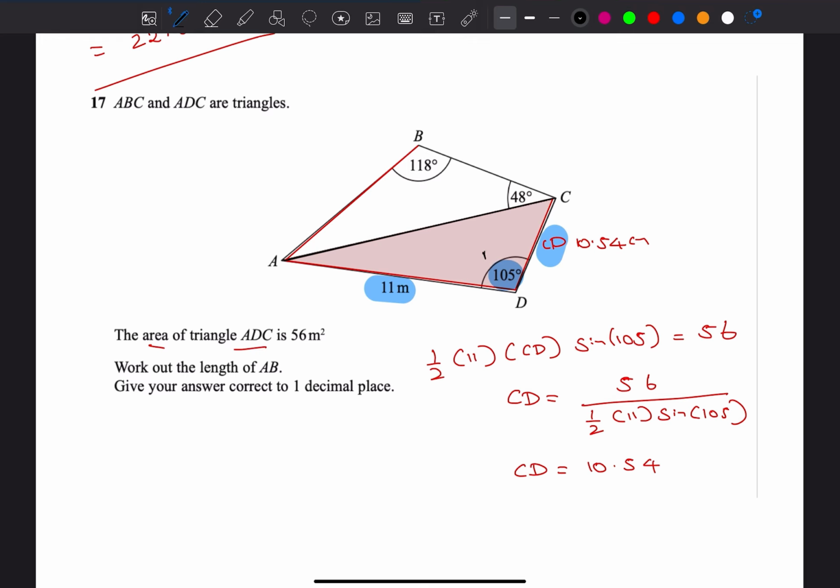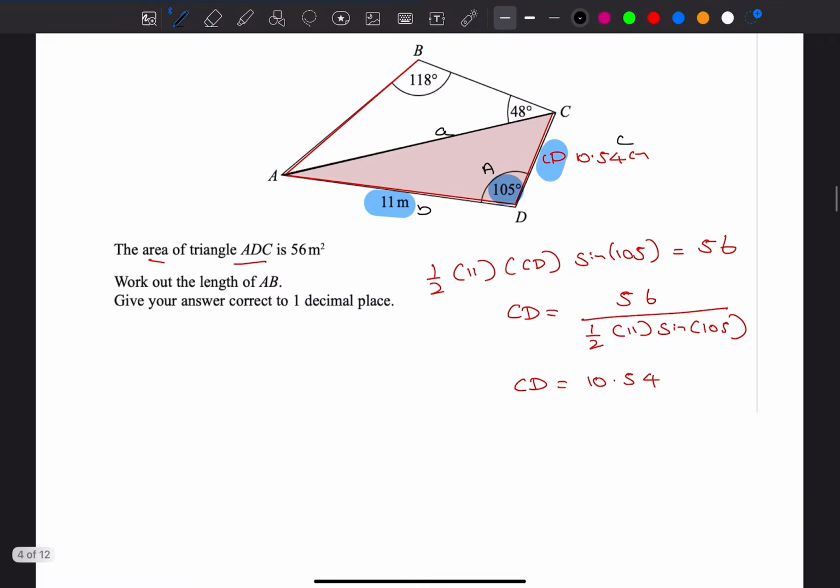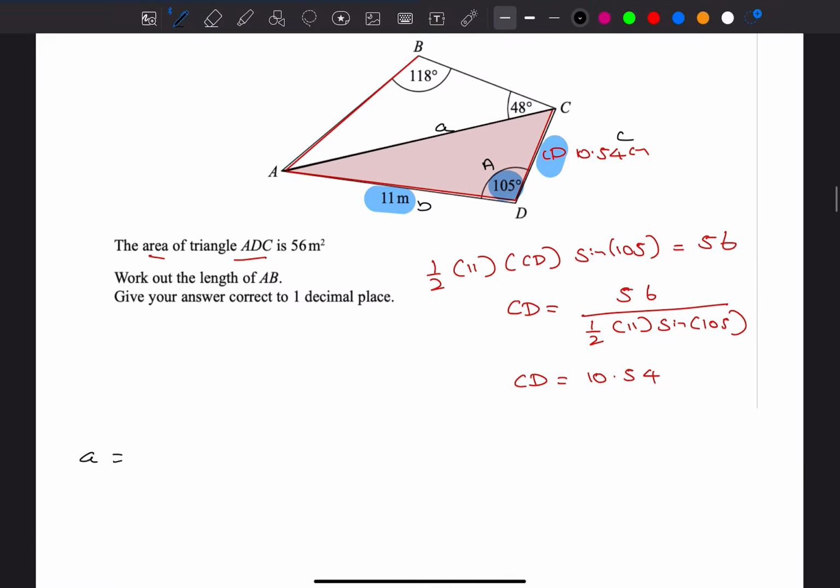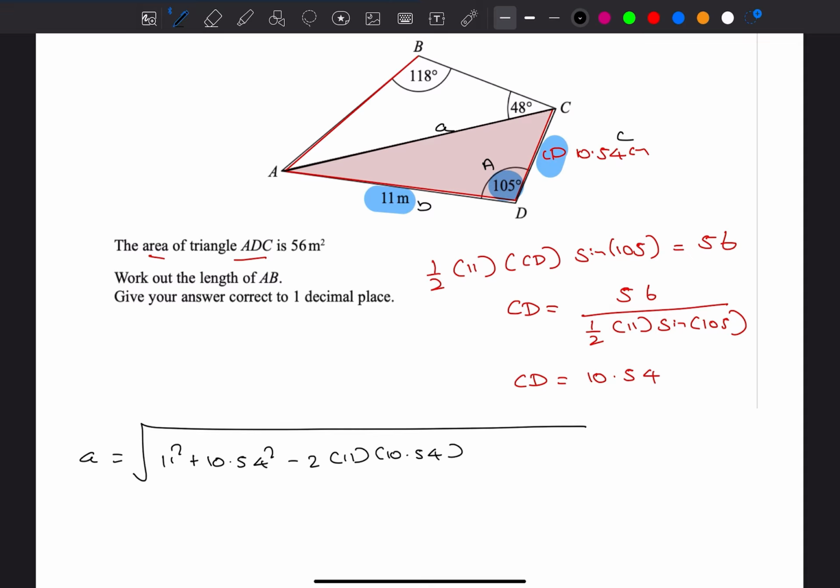So if this is your angle A and then these are your B and C and this is your little a, so a is what? Cosine rule, remember, square root of b squared plus c squared, 11 squared plus 10.54 squared minus 2bc cos A, which is 105. That will give you that angle, I mean that length.